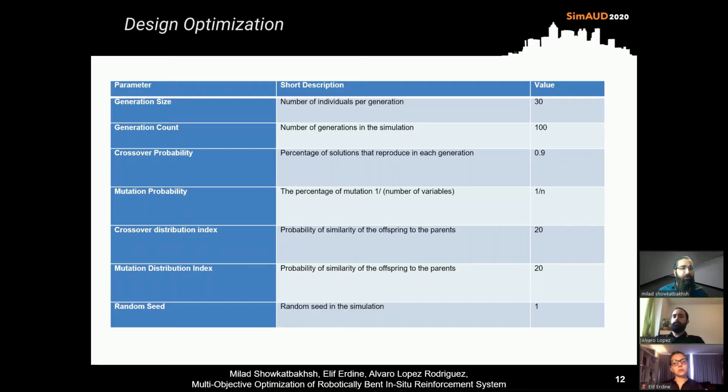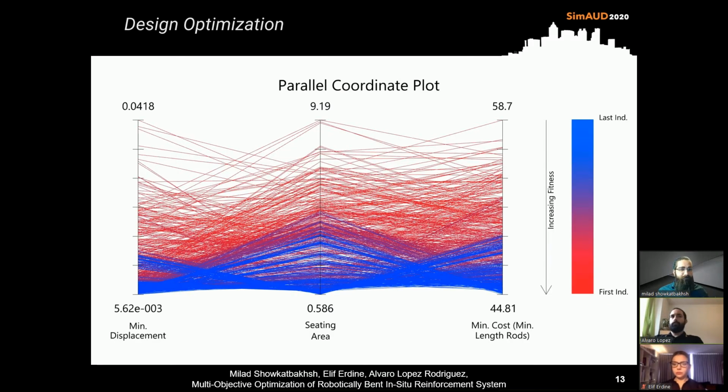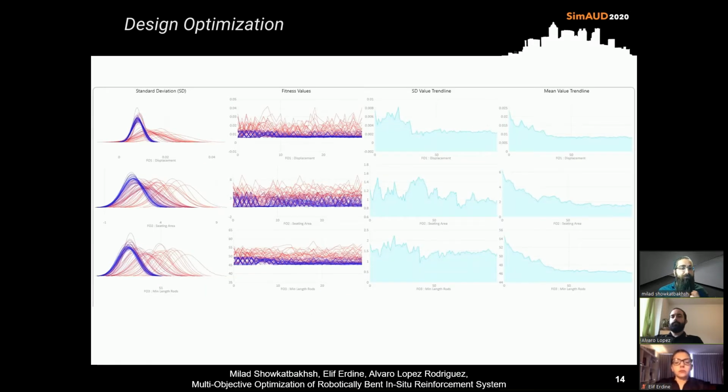However, the population size was concluded from a set of test runs in order to make sure that the simulation will produce the most optimized results it can. As you can see from the parallel coordinate plot, all three objectives were optimized accordingly, and by plotting all of the graphs of the three objectives side by side, we can understand that the generative design process produced solutions with optimized values.